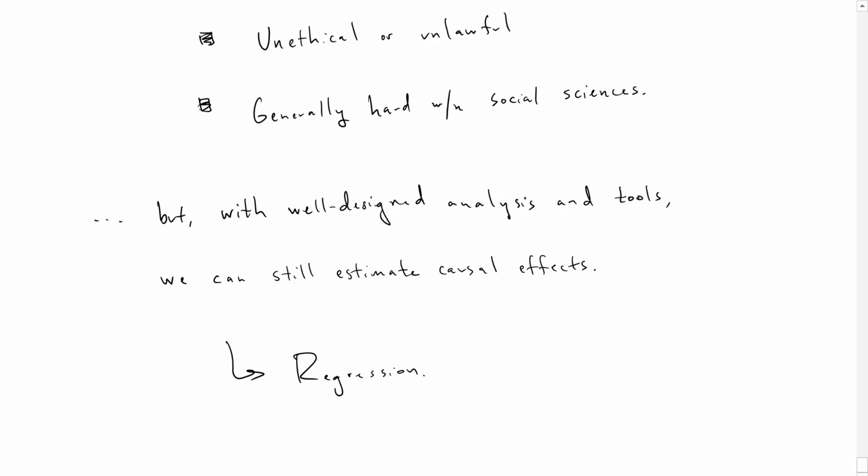Regression is kind of our go-to tool in econometrics. And so we're really going to be spending a lot of time talking about regression, different types of regression techniques, how we can design a regression well in a way that'll help us try to uncover causal effects rather than just correlations, and to try to remove that selection bias coming from unobservable characteristics. But yeah, that's where we're heading from here.